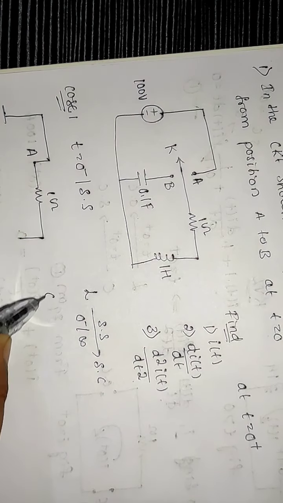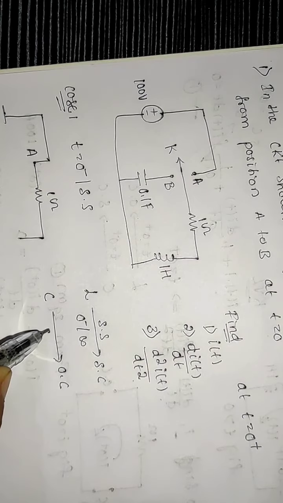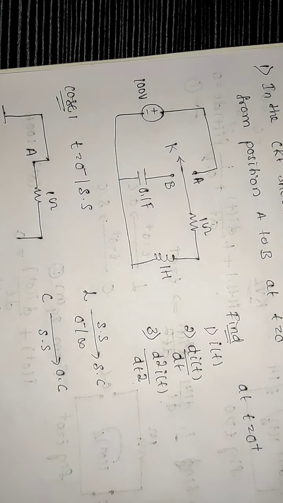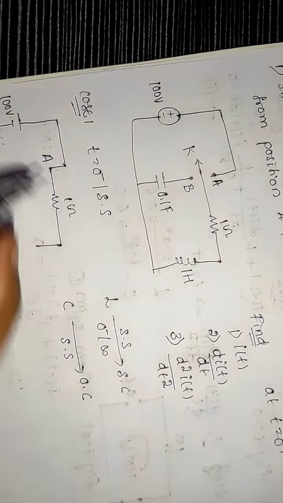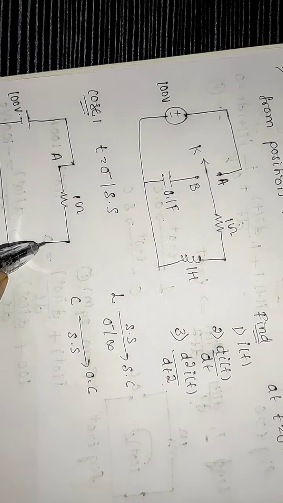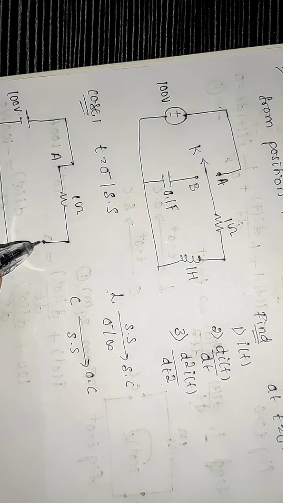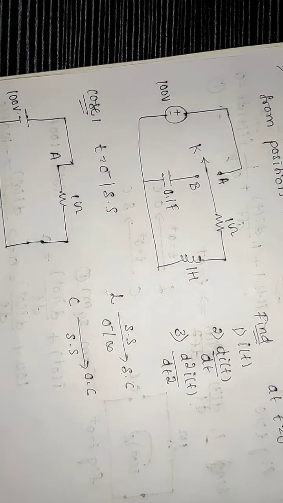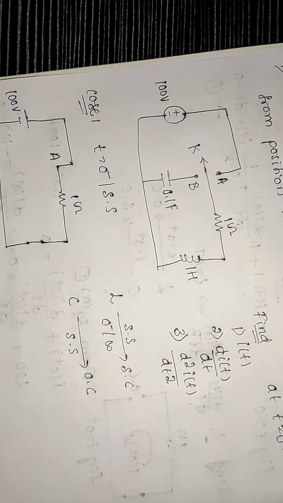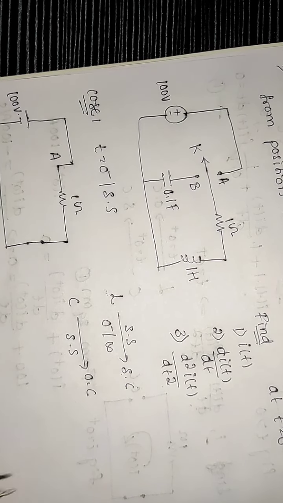The capacitor acts as an open circuit at steady state. So the inductor becomes a short circuit. This is the figure for t equals 0 minus.